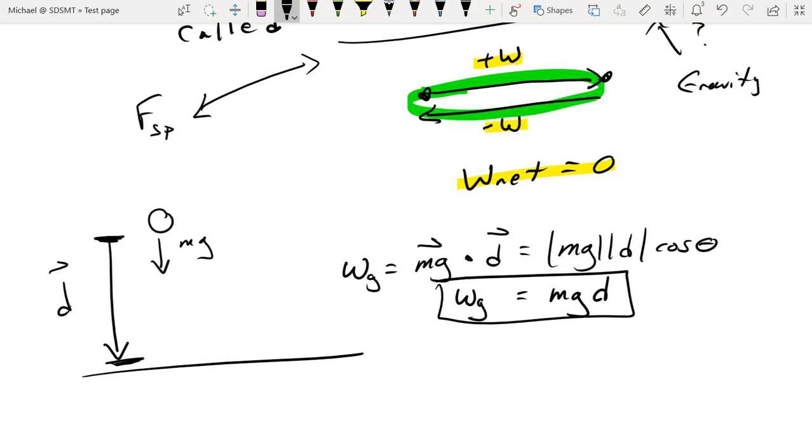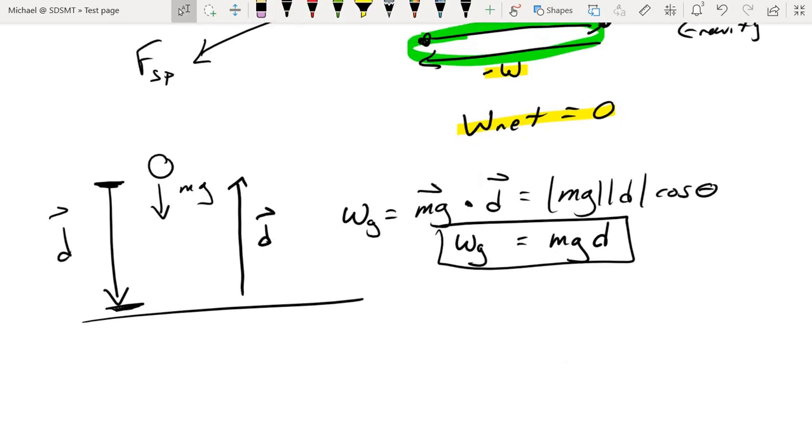If I expect to get back where I started, then I need to move the ball back up. So I would physically have to pick up this ball and return it back to its original height. But as I do that, how much work is gravity going to do as I bring that ball back up?